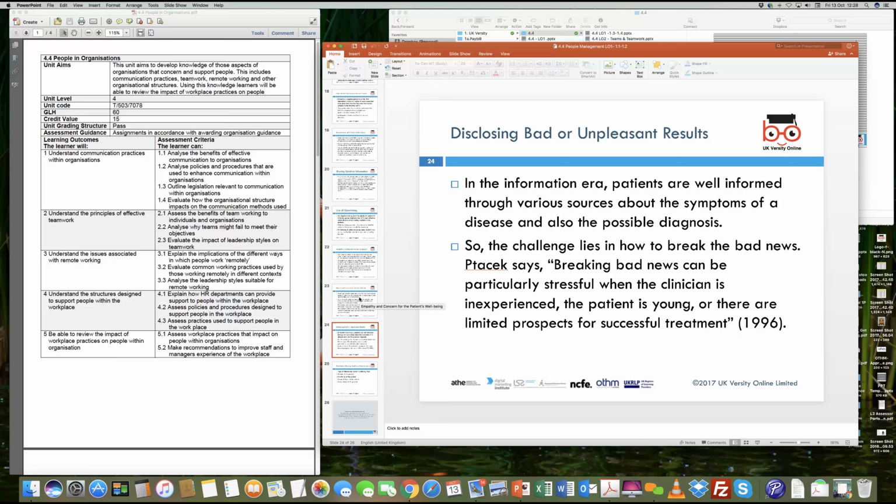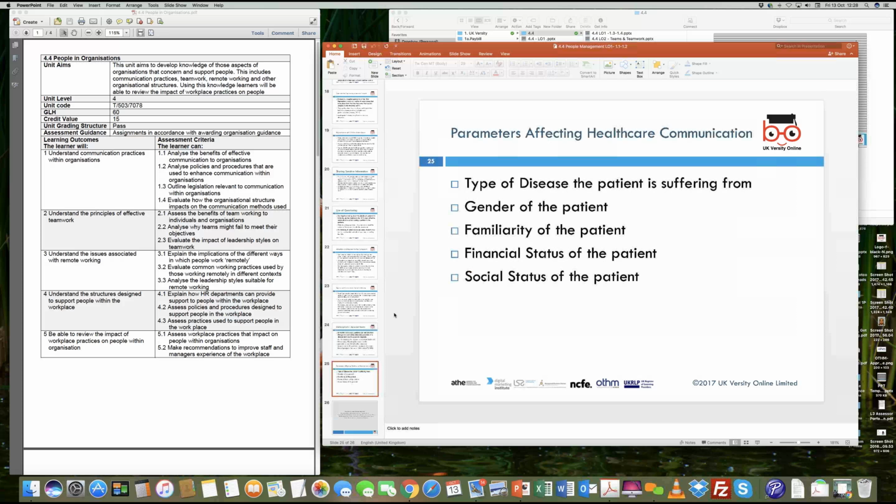Bad news is disclosed by more experienced people within that sector, department or team, who are given that responsibility.